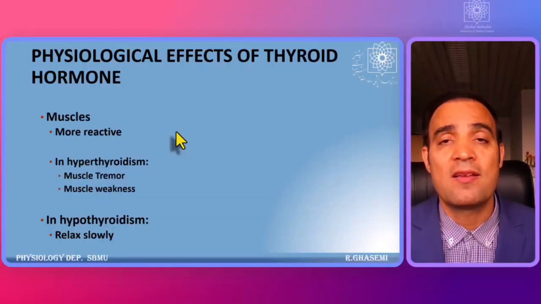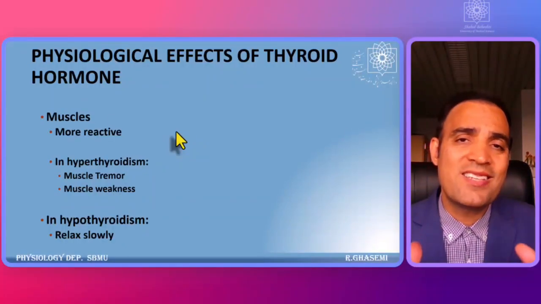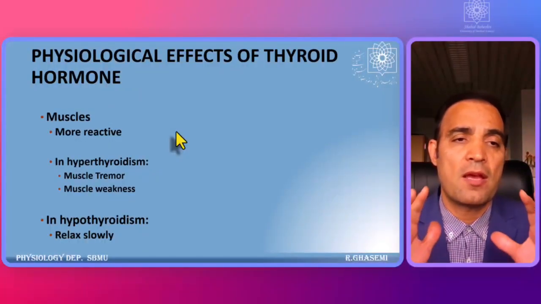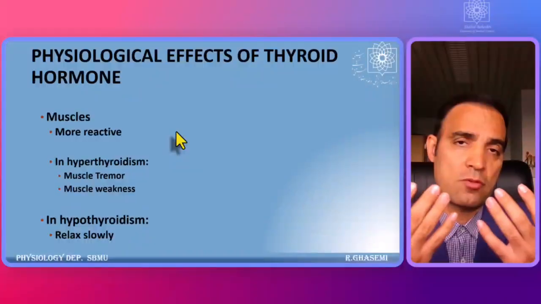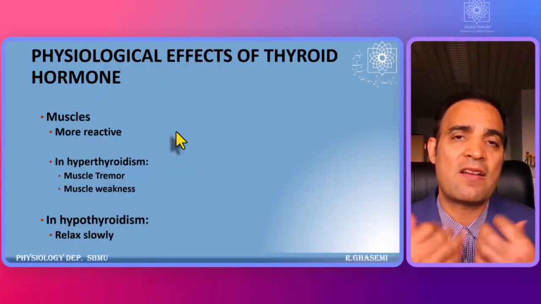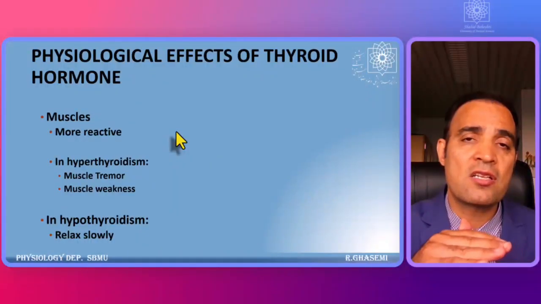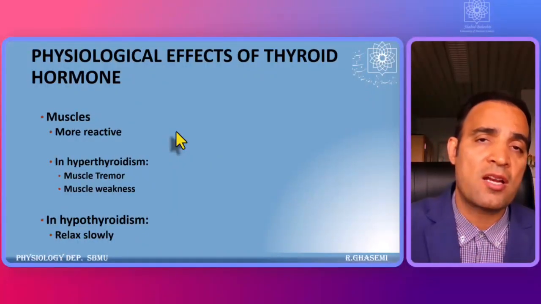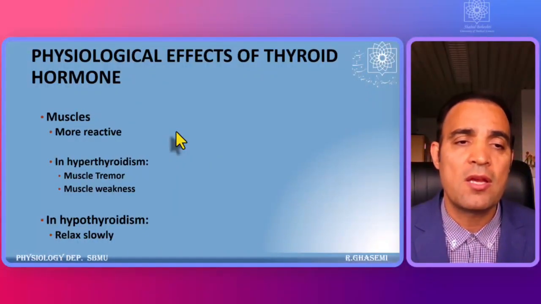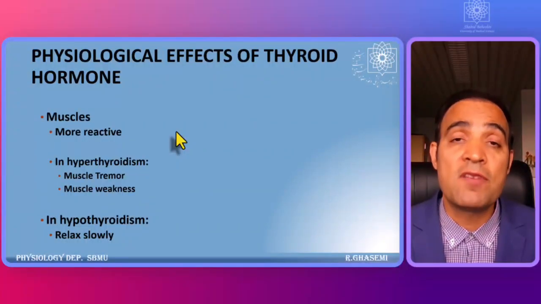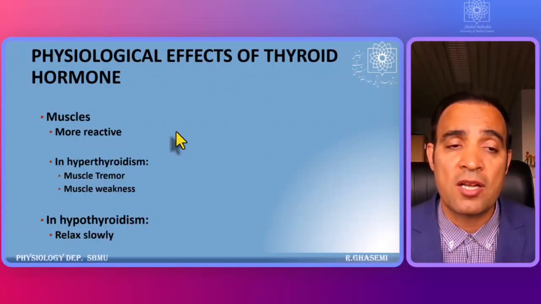On the muscles, thyroid hormone is essential for normal muscle function, and makes the muscles normally reactive and functioning. But if the hormone concentration increases to a higher level in hyperthyroidism, it causes muscle tremor in the patient with hyperthyroidism, and muscle weakness also will be generated.